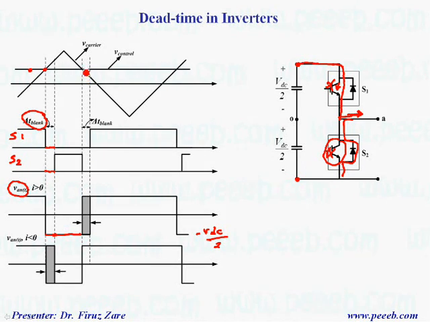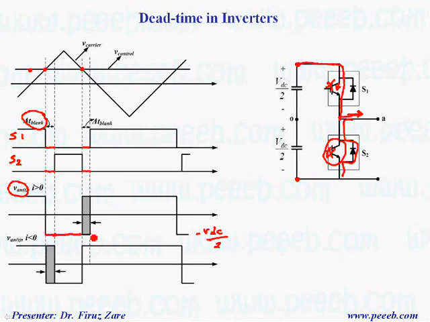But at this point, we are trying to turn on the other switch and turn off S1. When we switch off, both switches are off. Here you can see there is no gate signal. But because the current is still positive, the current still passes through this diode.